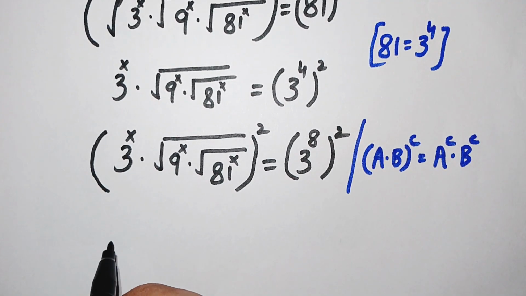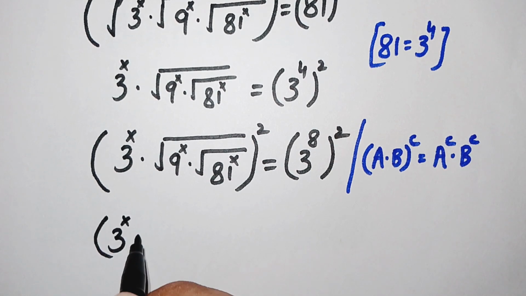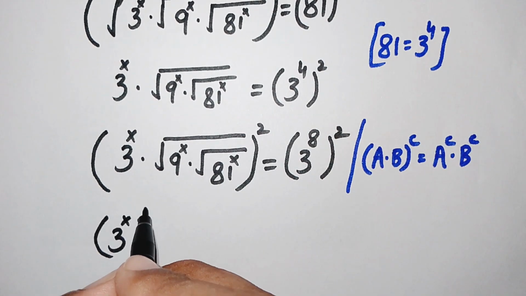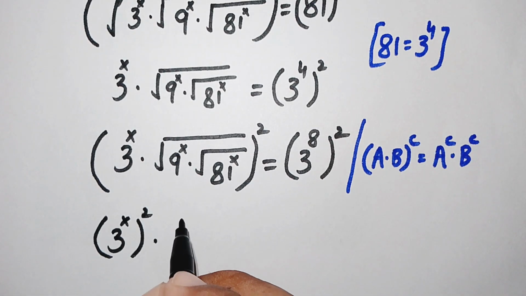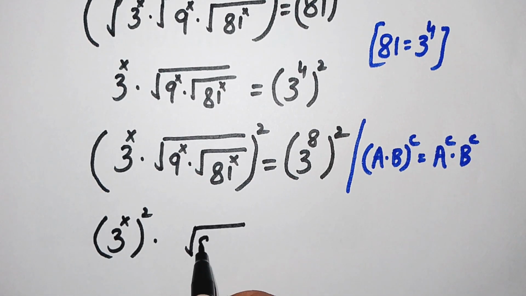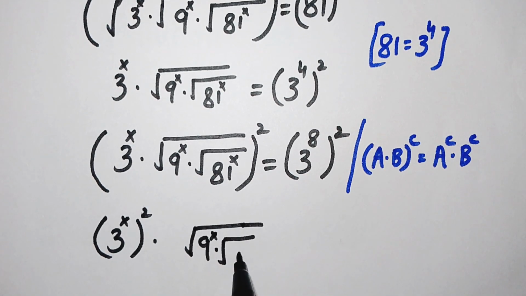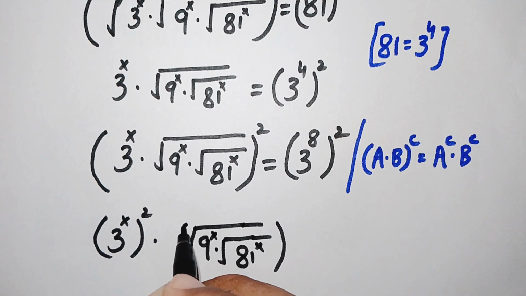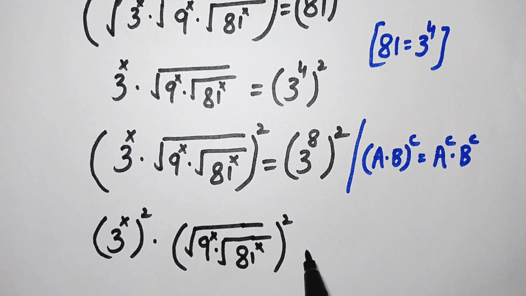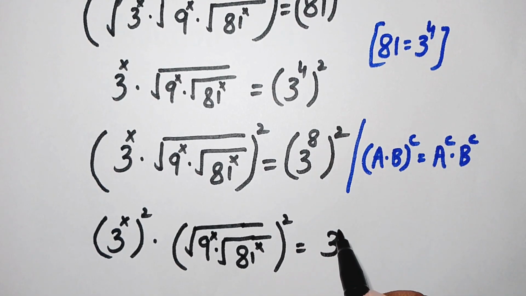So 3 to the power of x square times, and this to the power of 2. So square root of 9 to the power of x times under square root of 81 to the power of x, this whole square, which is equal to 3 to the power of 8 times 2, which is 16.